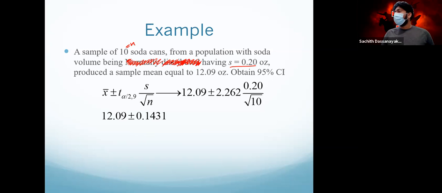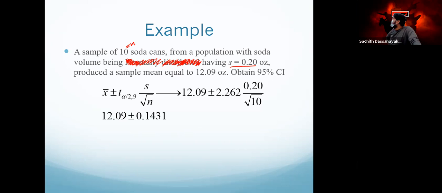If it is normally distributed, then we can assume that our sample is normally distributed. But actually in this question it is there because sometimes, although our population is normally distributed, the sample size is small, for example less than 30.